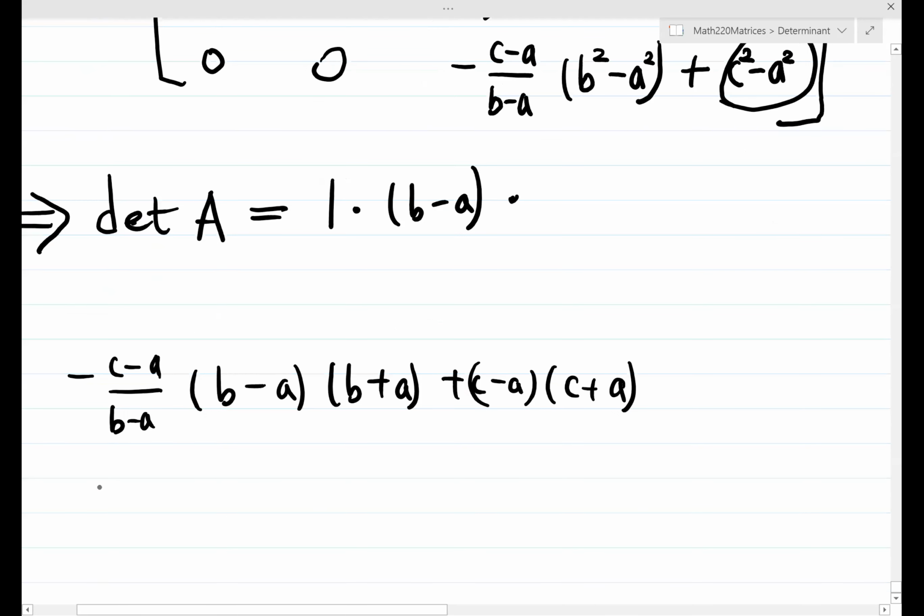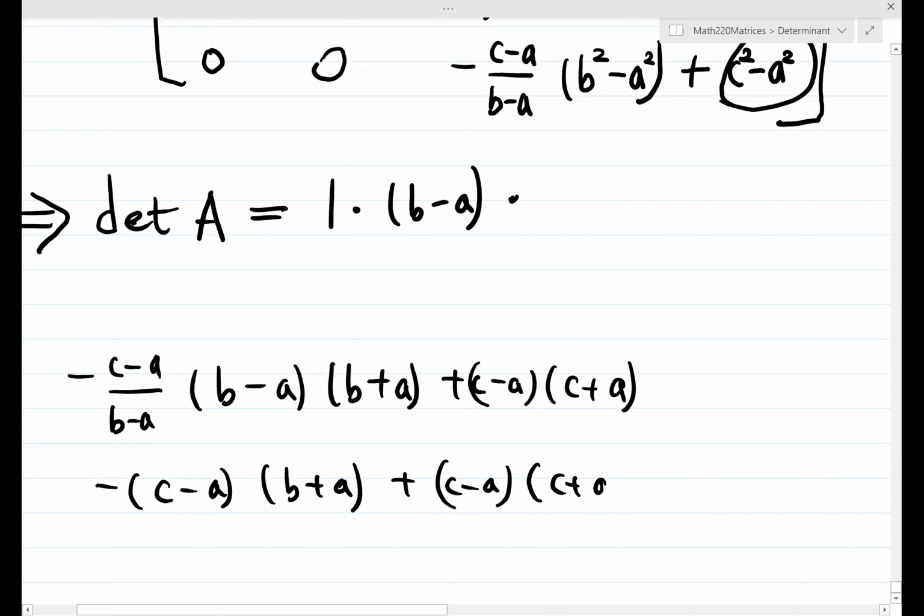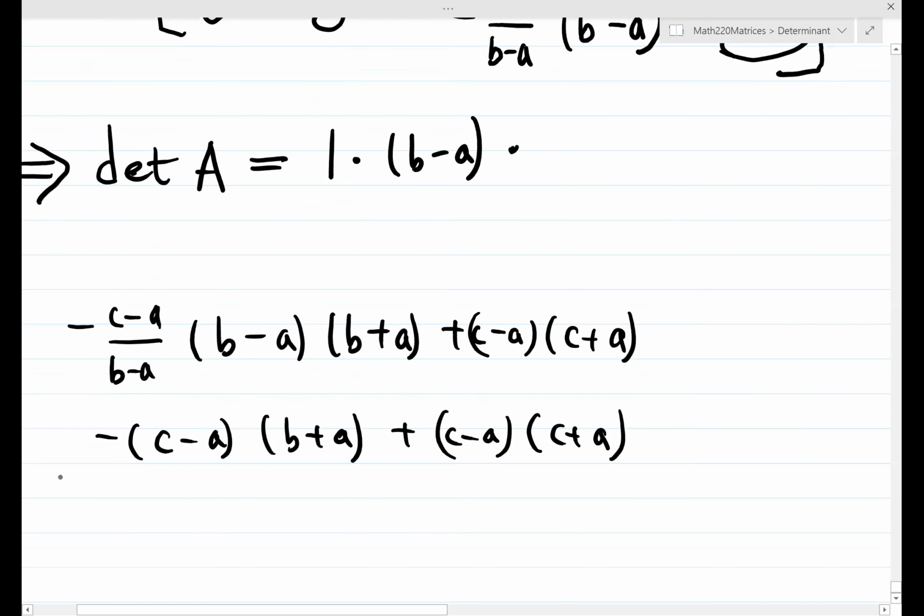So this will be negative c minus a times b plus a, plus c minus a times c plus a. Use the common factor c minus a. So this will be c minus a times negative b, negative a, plus c plus a.